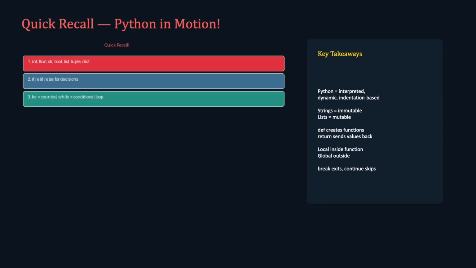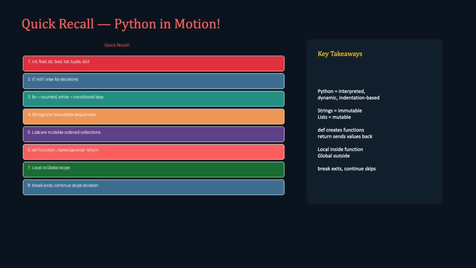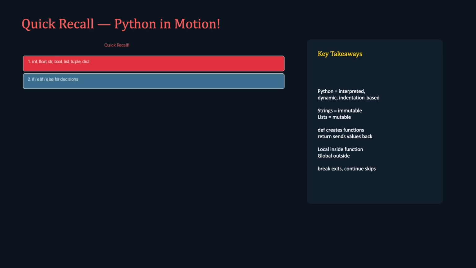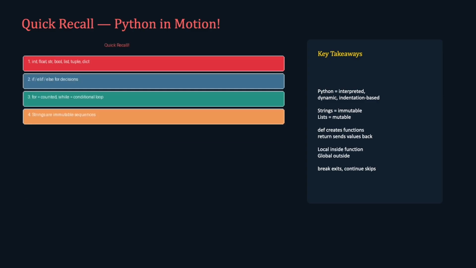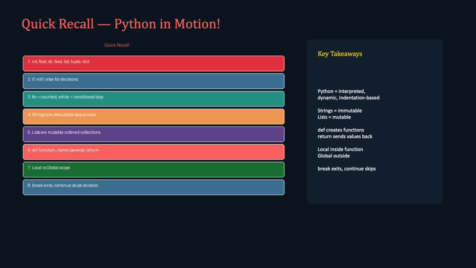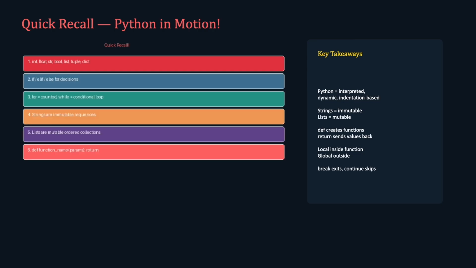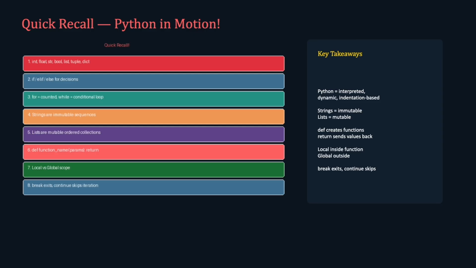Lists are mutable ordered collections. 6. Def creates a function, return sends a value back. 7. Local scope is inside a function, global scope is outside. 8. Break exits the loop entirely, continue skips the current iteration. Master these 8 points and you've won this chapter.